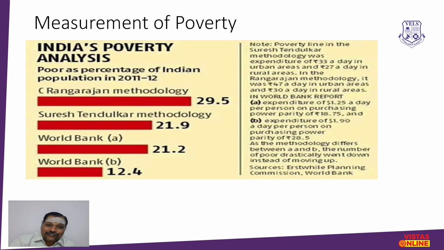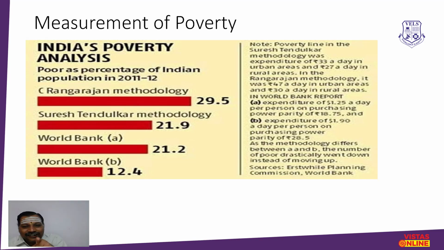If you compare with global reports like the World Bank report, they have given two different categories, expressed in dollars. When a person has $1.25 per day, the purchasing power parity is rupees 18.7. This is the A category. In the B category, if their expenditure is $1.9 per person, and they are able to purchase up to $28.5 in a month, then they are not coming under poverty.